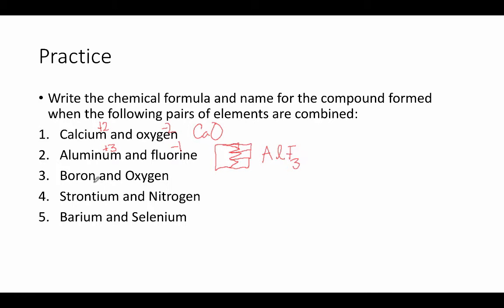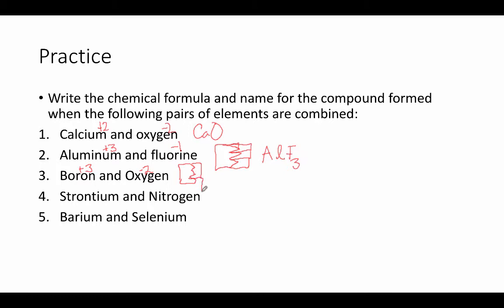Boron and oxygen. Boron is part of the aluminum family, so it is +3. Oxygen is going to be -2. So this one gets a little trickier. We're going to have our 3 pointy parts again for boron, and this one has 2 indents.